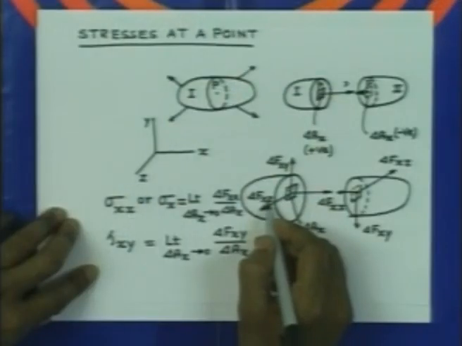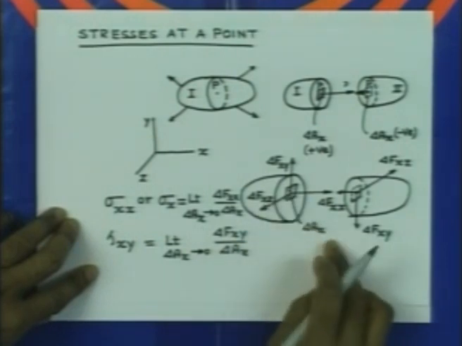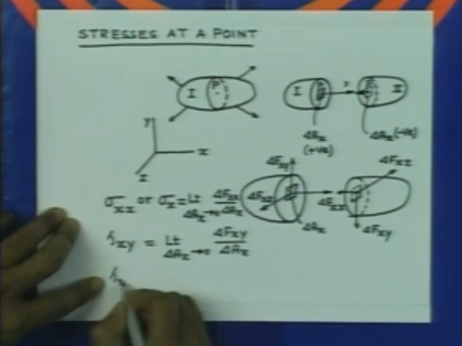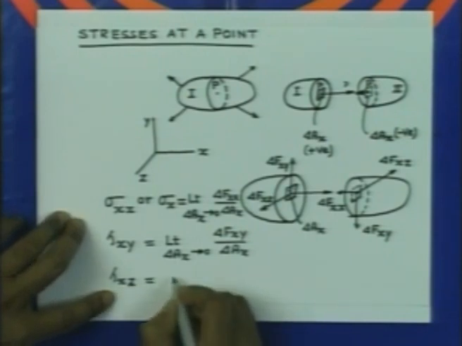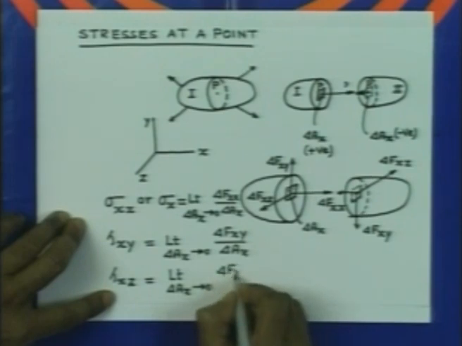Similarly, we can consider the intensity of delta Fxz per unit area, and as this area tends to 0, we get the intensity at the point P, and that gives us the shear stress tau xz, the limit, delta Ax tending to 0, of delta Fxz divided by delta Ax.